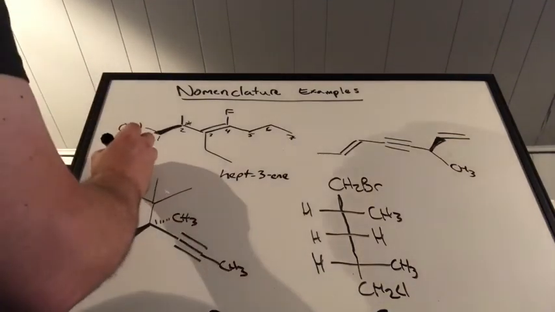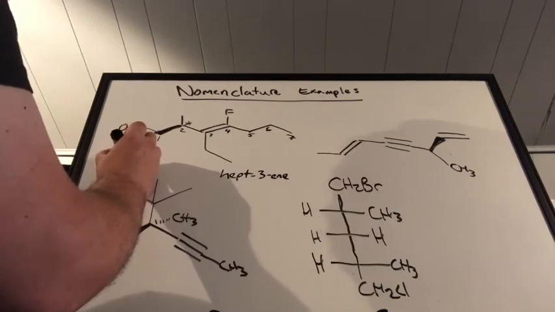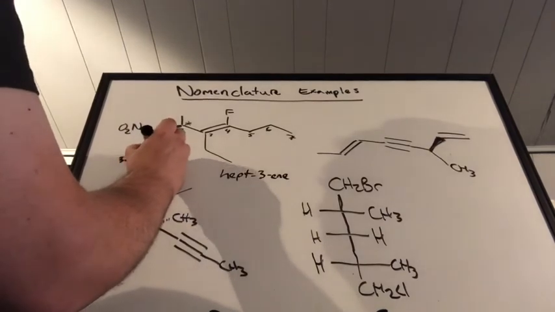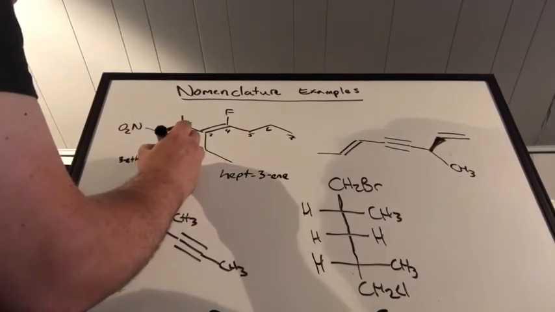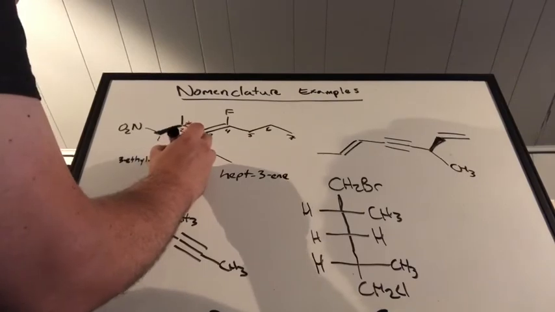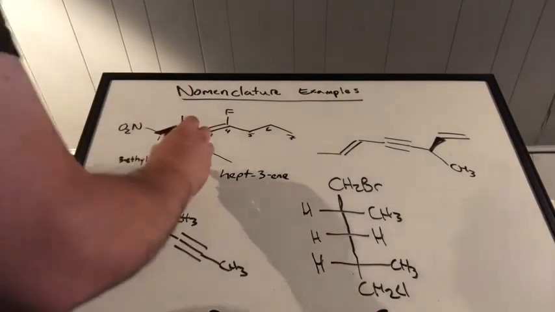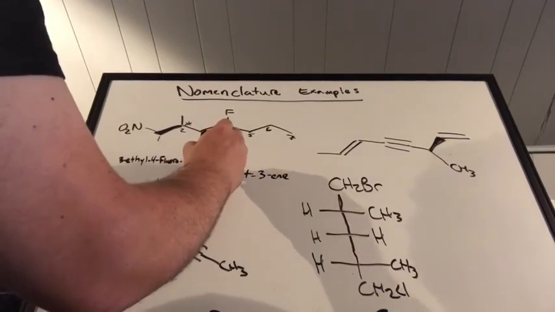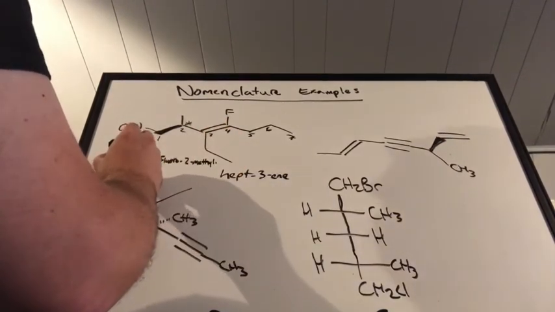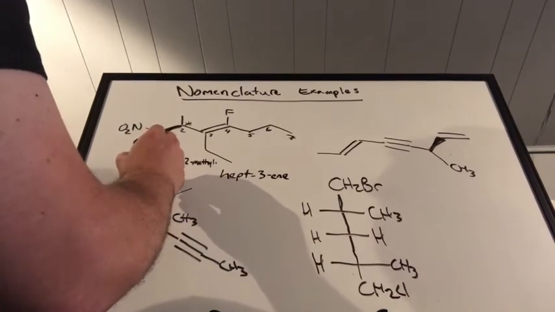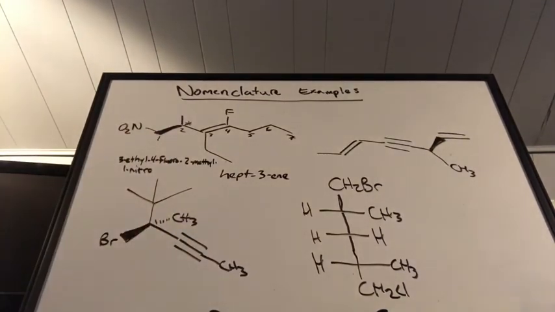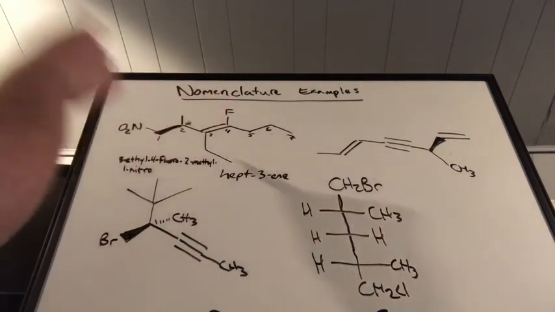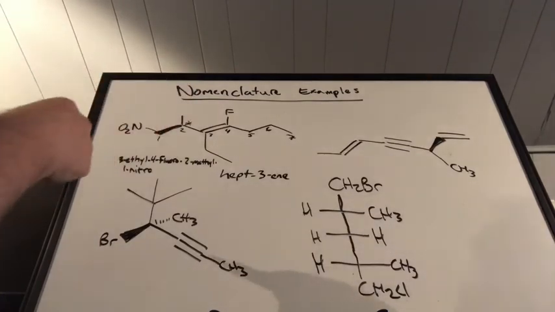We'll have 3 ethyl, 4 fluoro, 2 methyl, 1 nitro. Okay. And then, okay, so that takes care of all of the branching groups.